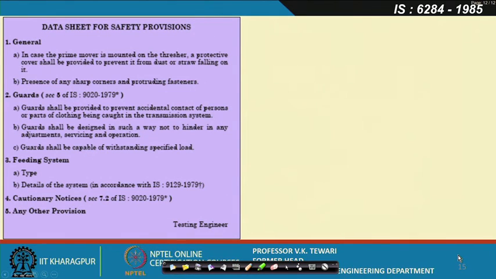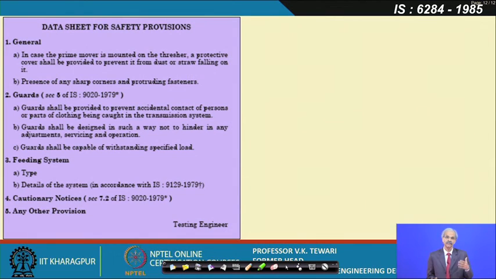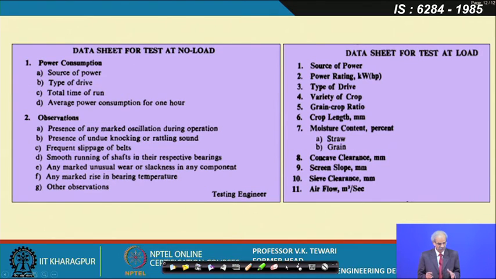Then the data sheet for test and safety provisions. Definitely we must have safety, because the maximum of the accidents have taken place in this. So, the safety provisions must be looked into, how the feeding is taking place. It is very important, and this clause must be taken care of. The test engineer must be satisfied and only then give a signature here. Then the data sheet for test at no load, and the data sheet for test at load.